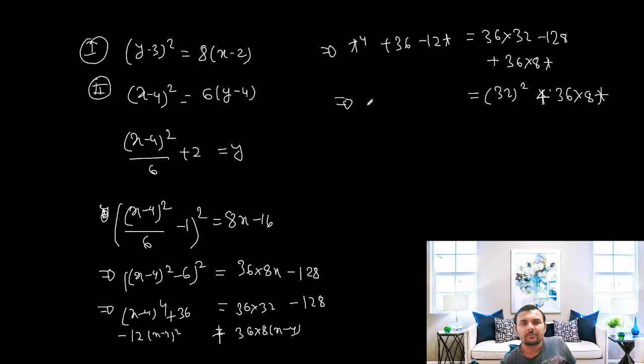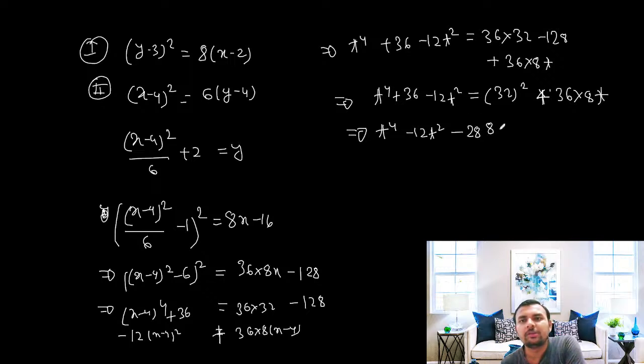Okay, t to the power 4 minus 12t square minus t minus 1024 equal to 0. Can we go with some hit and trial? We can go with some hit and trial and find the value of t.